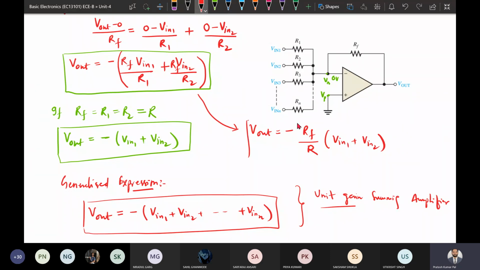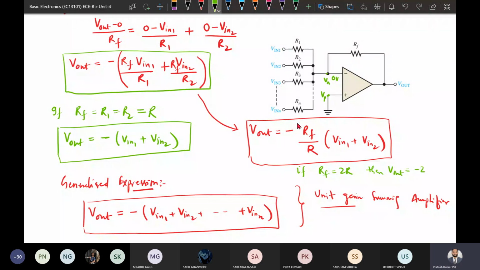In that case also we will get this type of relation. Suppose RF is 2 times R1, then V out that we will get, with RF equal to 2 times R, will be minus 2 times V input 1 plus V input 2. So this relation is non-unity.